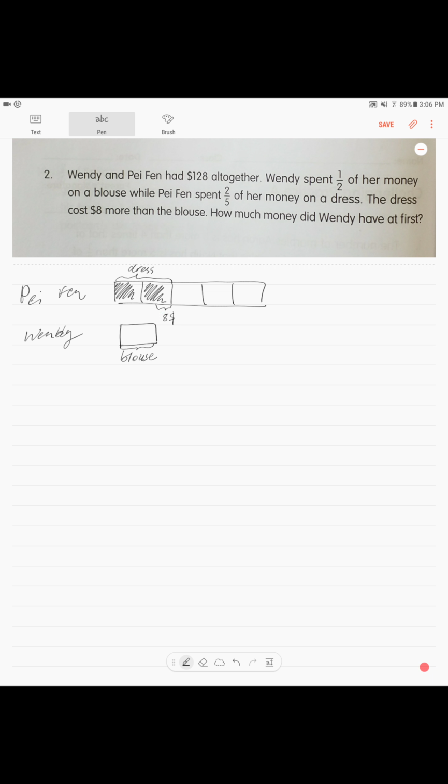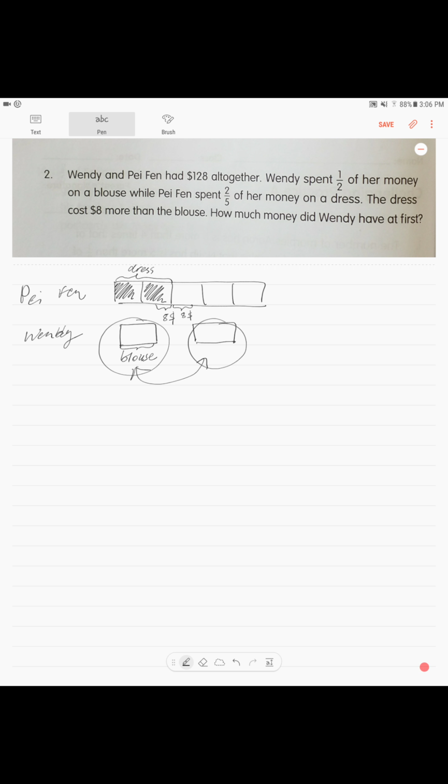Now, the second sentence: Wendy spent half of her money on a blouse. So how much money did Wendy actually have? We can draw it like this. This is another difference of $8, and this is another unit bar. These things are the same, this unit and this unit.